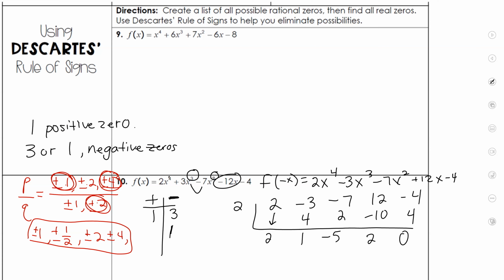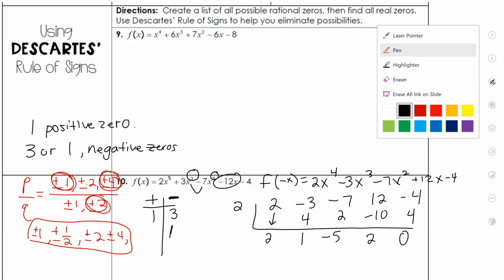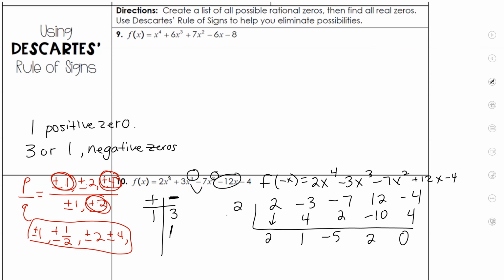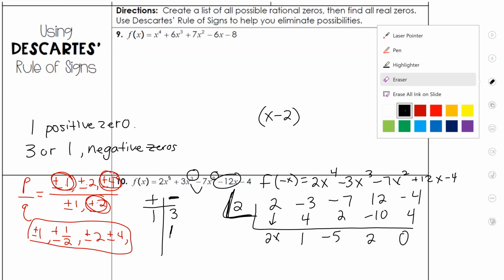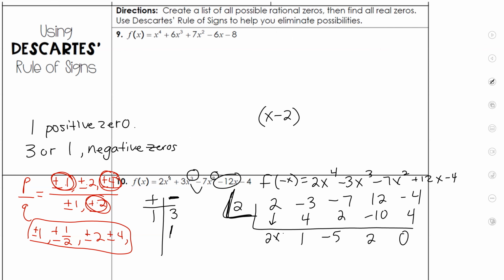We got 0 as our remainder. So guys, this is what I'm gonna do. I know that one of my factors will be x minus 2, because my zero is a 2. So that means the factor is x minus 2. And we're gonna go down a degree. What did we start off with? A fourth degree. So this will be a cube.